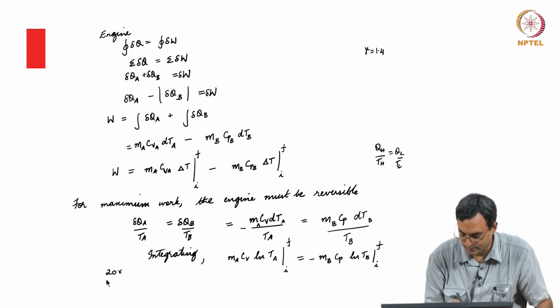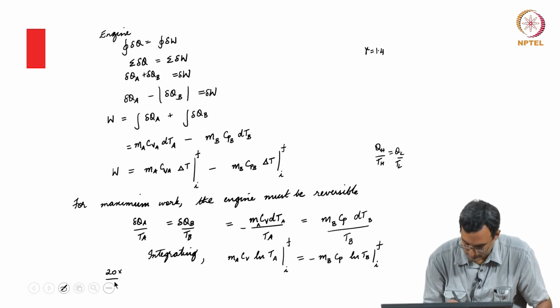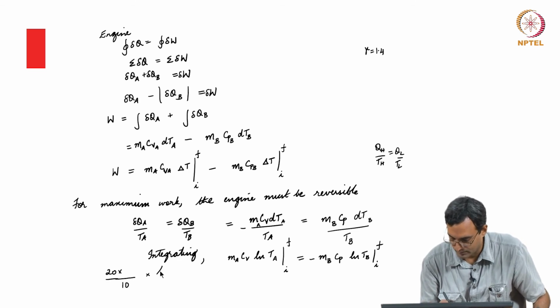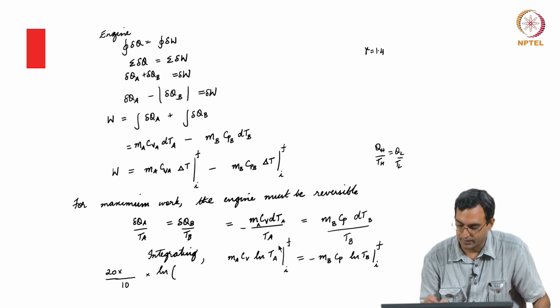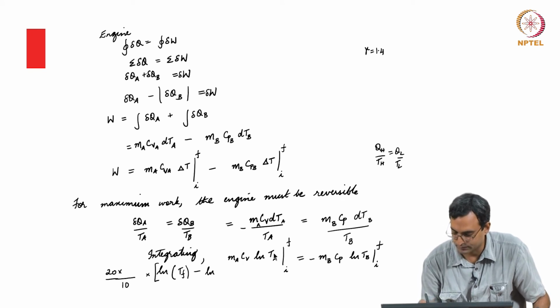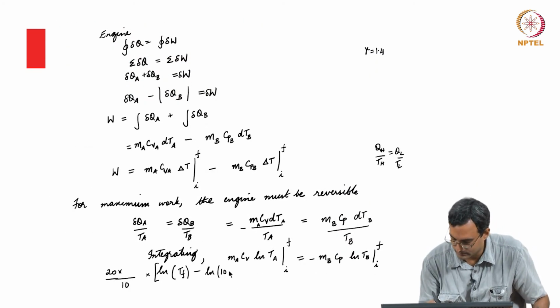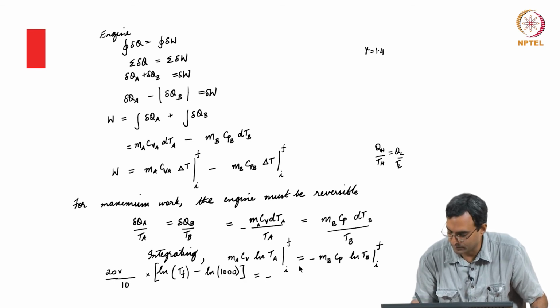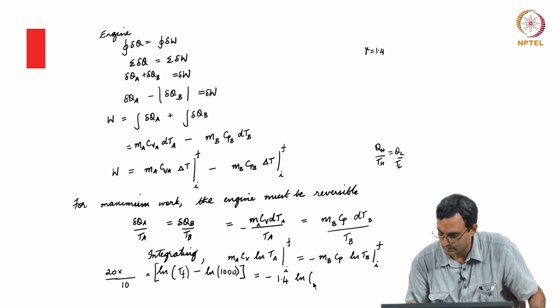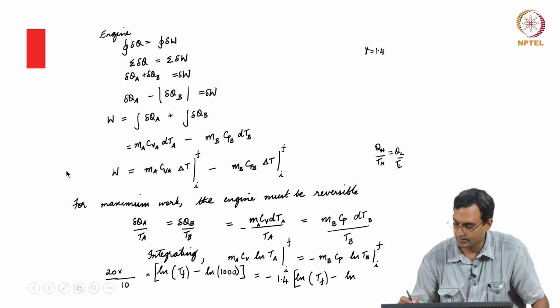Let me take m_B to this side, divided by mass of B, which is I think 10, so it is 20 divided by 10 into ln of T final, which I do not know, minus ln of T initial, which is 1000 Kelvin, is equal to minus of, m_B I have already taken to the other side, Cp by Cv is 1.4 into ln of T_B final, which is T_f essentially, minus ln of T initial, which is 300.